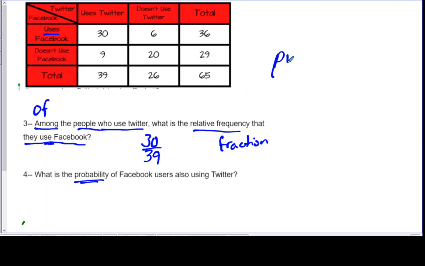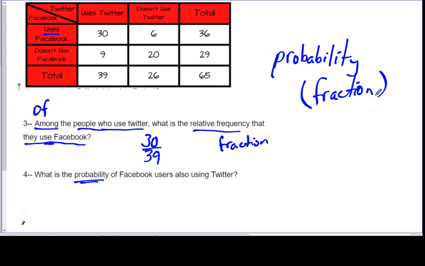So remember, probability can always be written as a fraction. So that's just another way of talking about relative frequency. So of, you see the word of, Facebook users. So that means we want to know, of all of the Facebook users, how many also use Twitter.